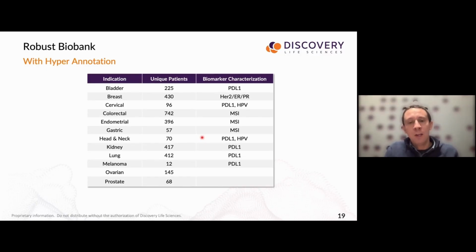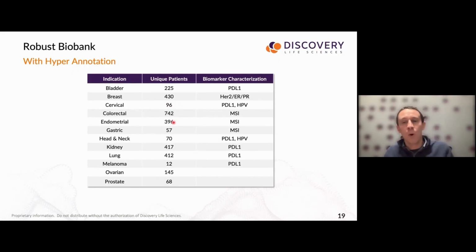But what we do have is anywhere from a dozen samples for melanoma, which at this time tends to be one of the more difficult indications for us to source, to almost 400 unique patients in breast, endometrial, and renal cancer, as well as lung, to almost 750 unique patients in colorectal cancer.